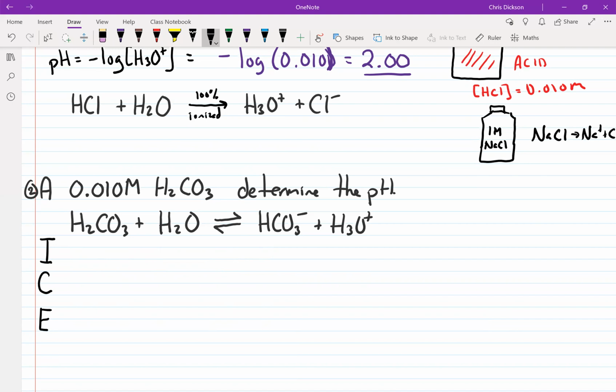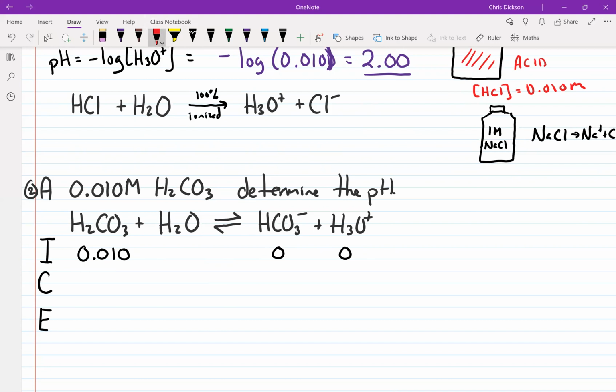And I'm going to say what I know right now is the initial concentration of the acid is 0.010, and that's before any of the acid has ionized. So basically, it's sort of assumed to have not reacted with the water yet. And we know as soon as it comes in contact with the water, it's going to form these other chemicals. But initially, there would be 0 amounts of those chemicals that would have come from the carbonic acid.